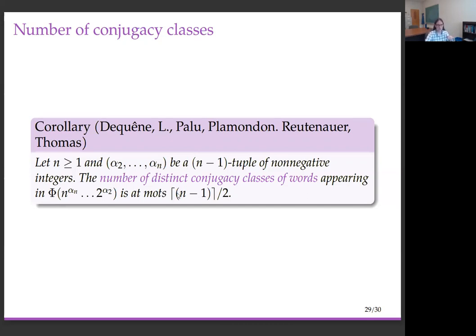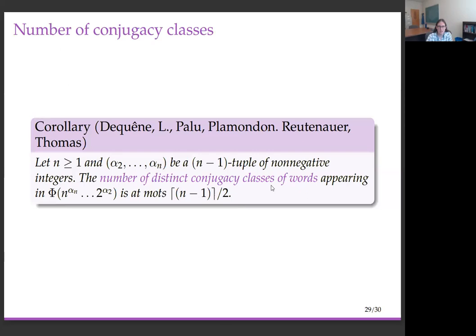But using linear algebra and the construction that we made in the paper, we were able to show that the number of distinct conjugacy classes of words appearing in the Gessel-Reutenauer bijection of a weakly decreasing word is at most (n-1 choose 2) divided by 2.